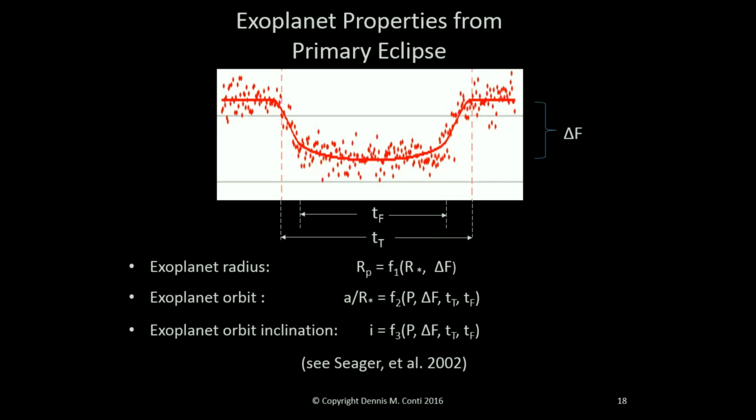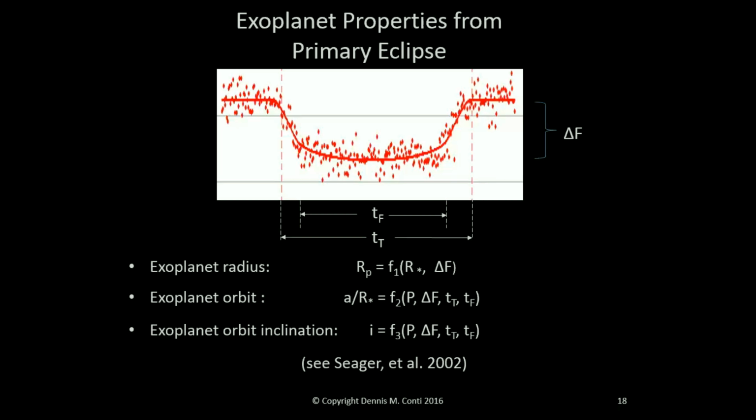The ratio of the orbit of the planet, namely small a, and the radius of the star, R star, that ratio is a function of the period, P, the change in depth of the transit light curve, as well as t subscript capital T, and small t subscript capital F.